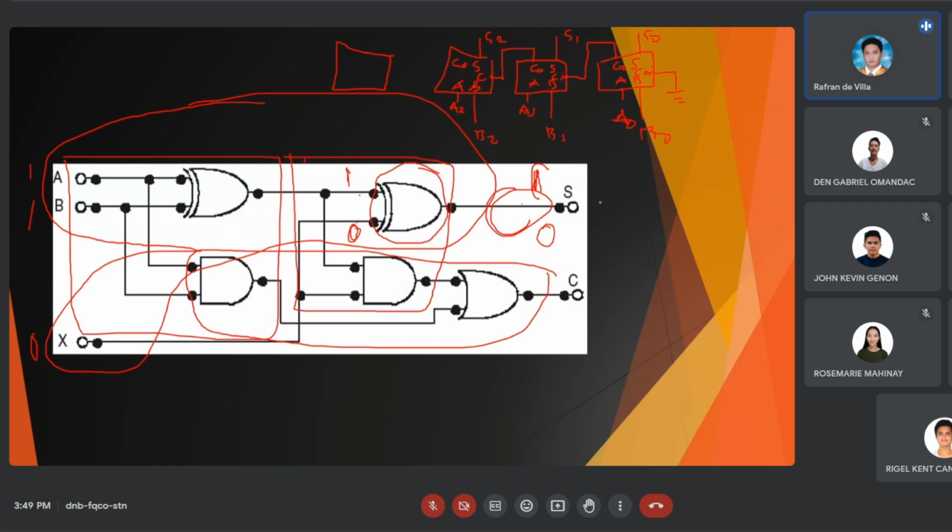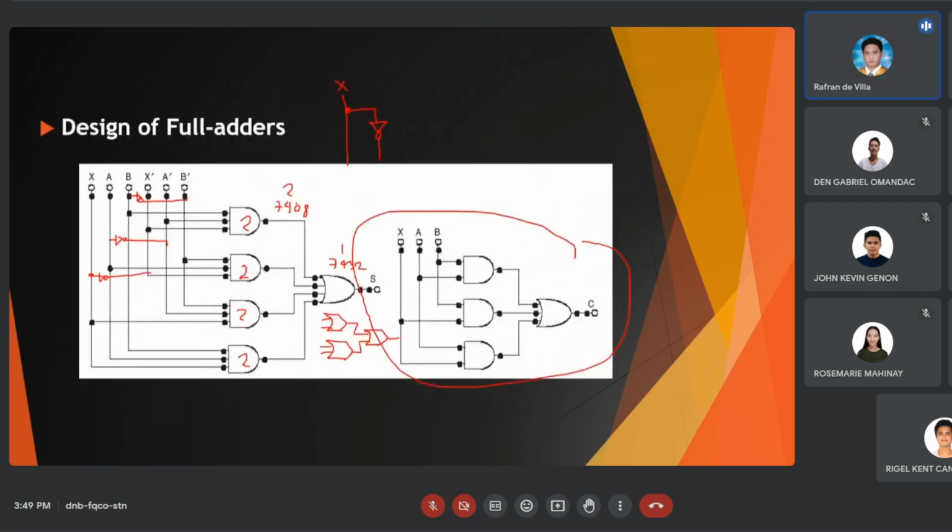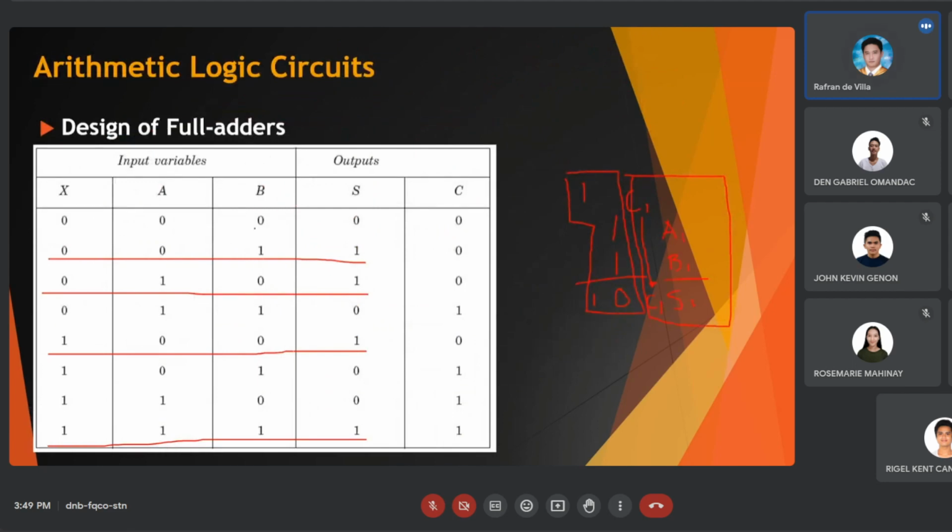Ang expected nga sum nimo diri 0 man sad, di ba? Sakto ba guys? Nganong 0 man sir? Base sa ato ang truth table dire. Kung ang input nimo 110, the output of the sum is 0.